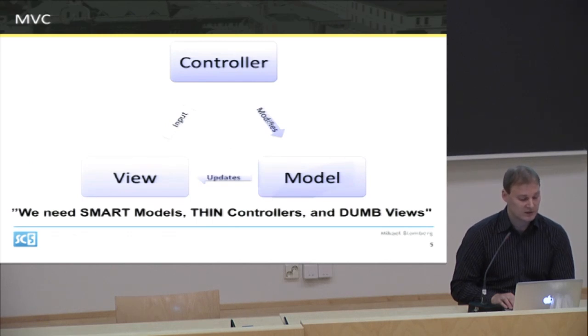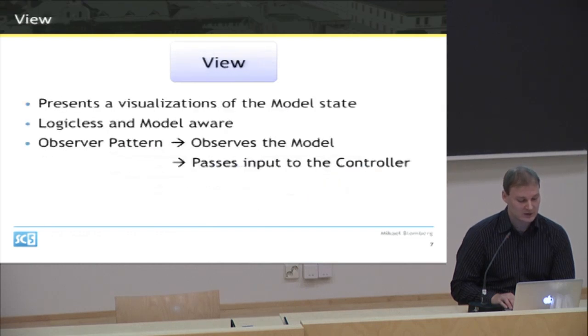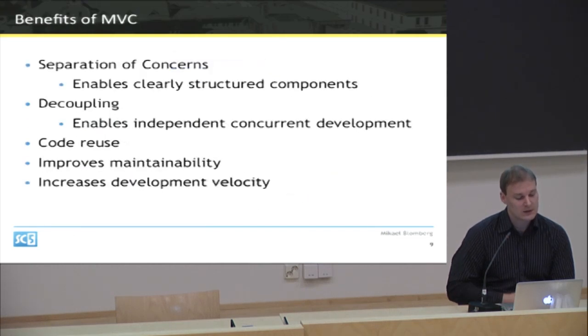This is just one way of presenting this. There are many others. The same basic principles apply. The idea is to separate the concerns. Oiva talked about that a lot. We need to clearly structure our components, and that can be done with these three abstractions. And then if you're able to decouple them, then you can do concurrent development.